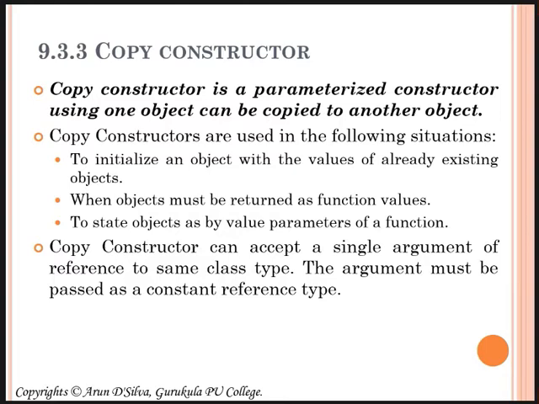A copy constructor can accept a single argument of reference to the same class type, and the argument must be passed as a constant reference type. In the case of a copy constructor we use only one argument, and that is a reference to the same class type.